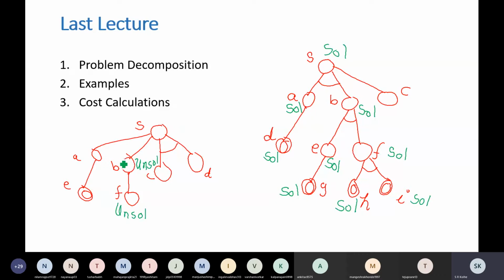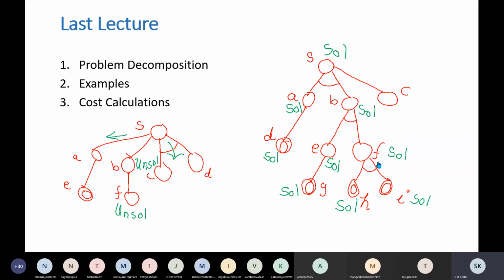One is through A and another one is through C and D. Understood? So because of this, S will not become unsolved.